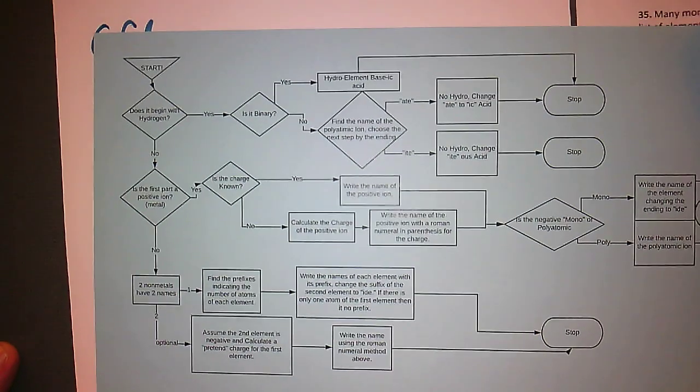Technically the second one is going to be optional, but for today we're going to learn them both. The first method is the traditional method and the one that they went back to. The second method they started going to for a while. They've kind of gone back and said that was a stupid method, which I agree. However, you will still run into it, so I want you to be familiar with it.